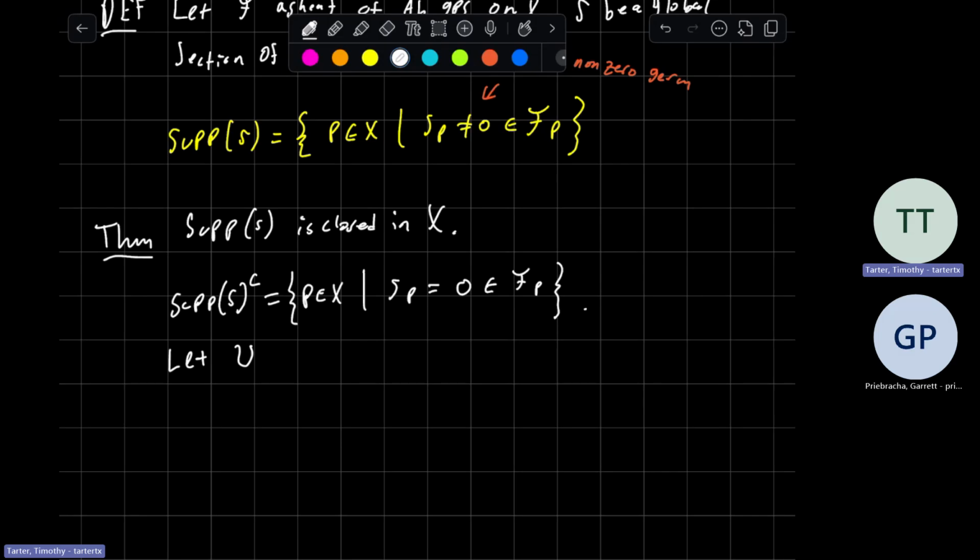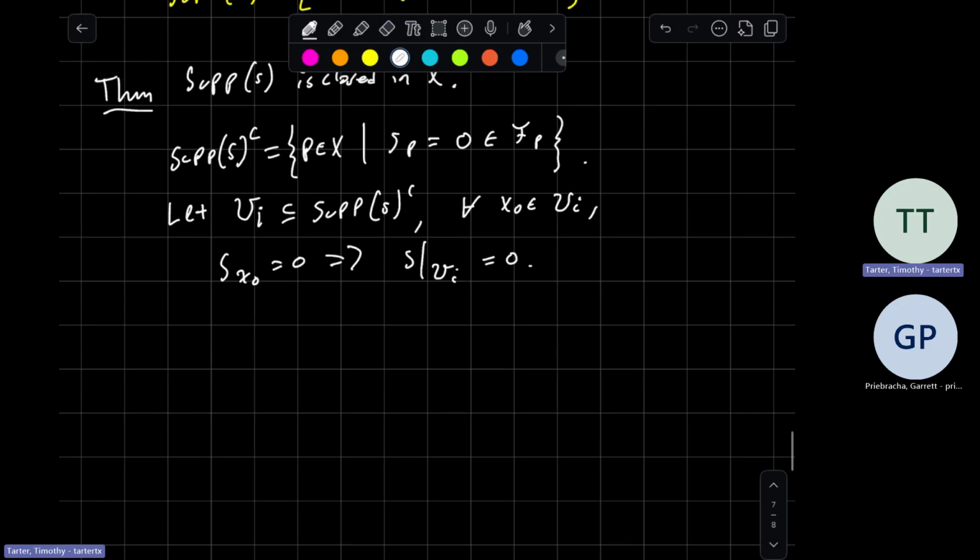Let U_i be contained in the complement of the support of s, then for every x naught in U_i, s evaluated at x naught equals 0 implies that the restriction of s to U_i equals 0.